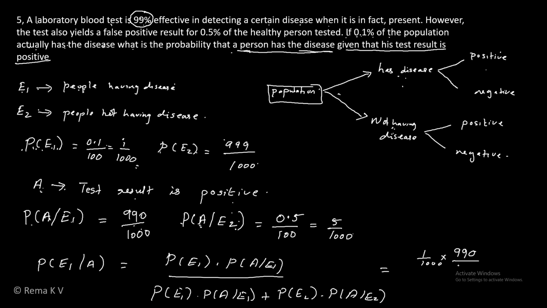So we can write this as 990 by 1000, then divided by 1 by 1000 into 990 by 1000 plus 999 by 1000 into 5 by 1000. Find out the answer. Is this clear?